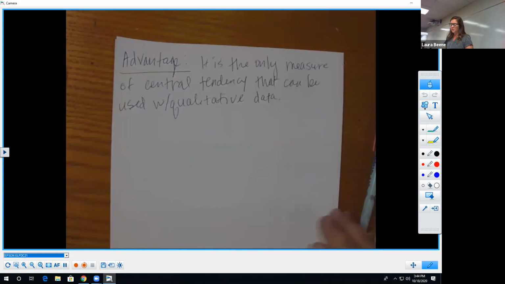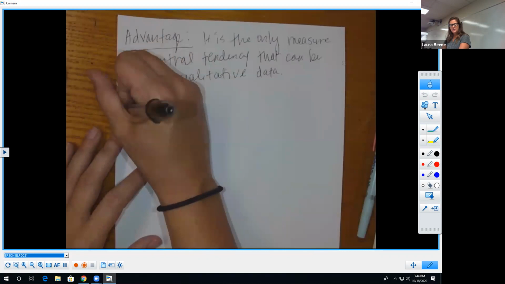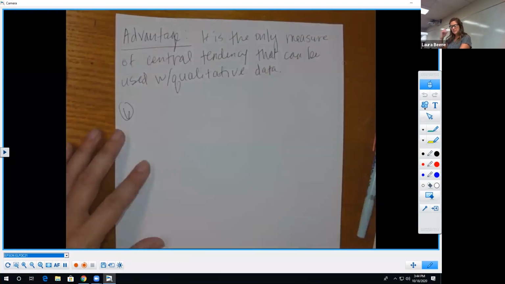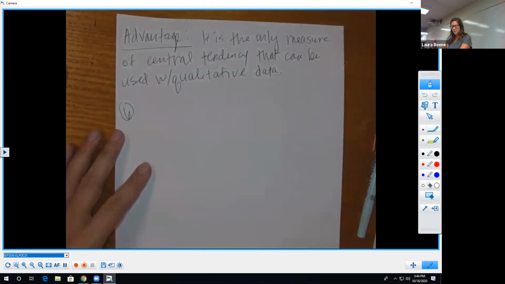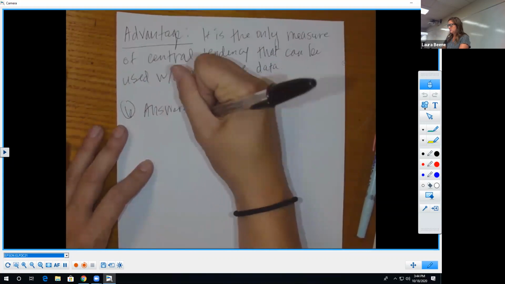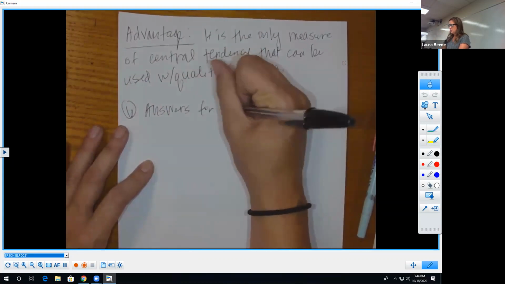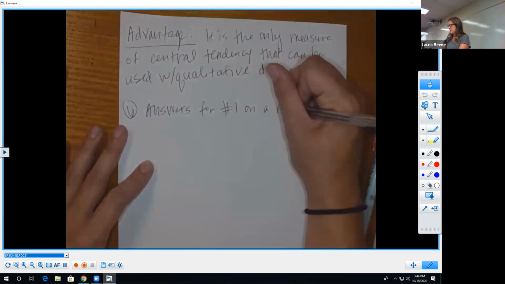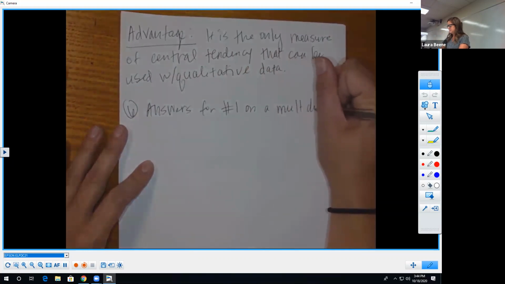Okay, so I'll do a couple examples here just to get the hang of it. One example, I think this is number 6, is if we said for this problem, here are the answers for number 1 on a multiple choice test.